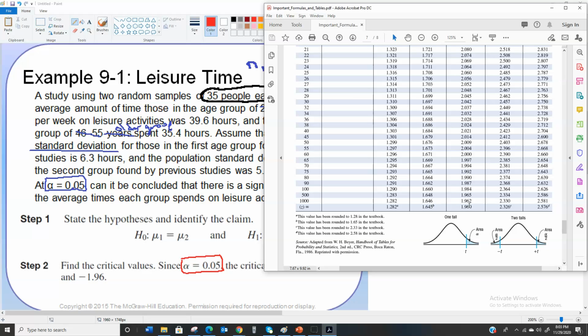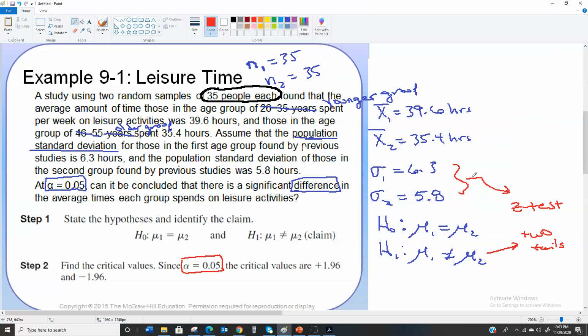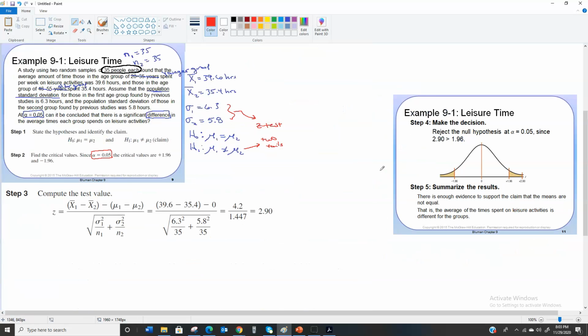Okay, so right here. I don't think I can draw on this. I can highlight it. So that gives us this 1.96. So if I put that in my work here, I like to do that with the picture.